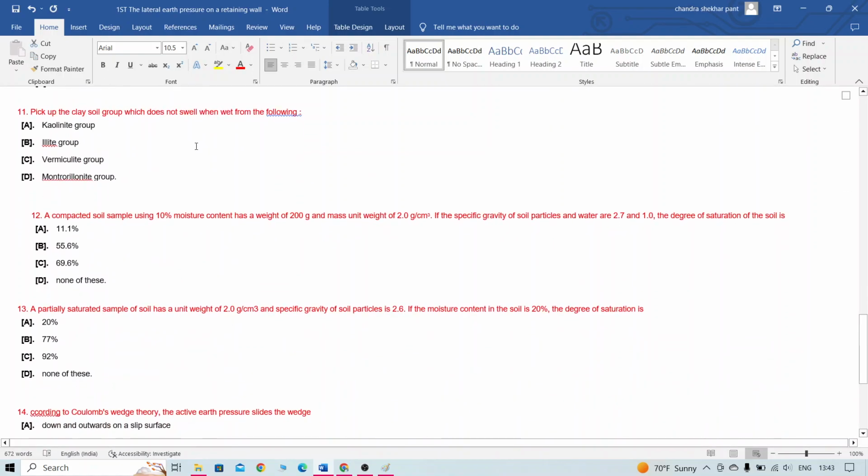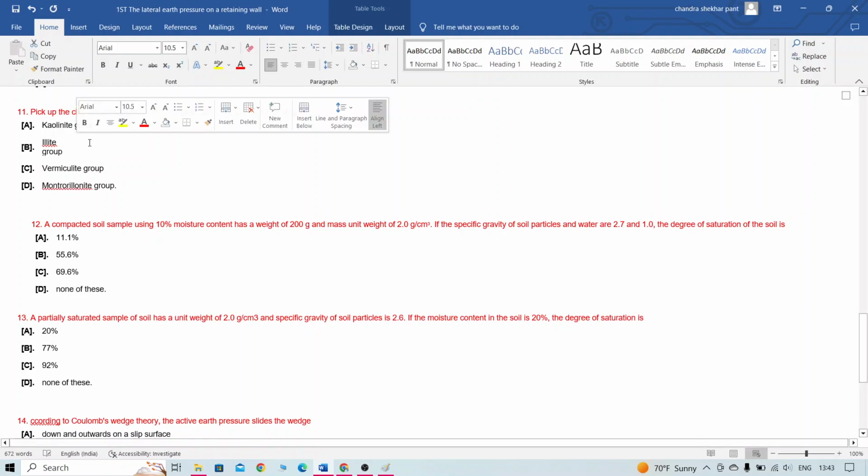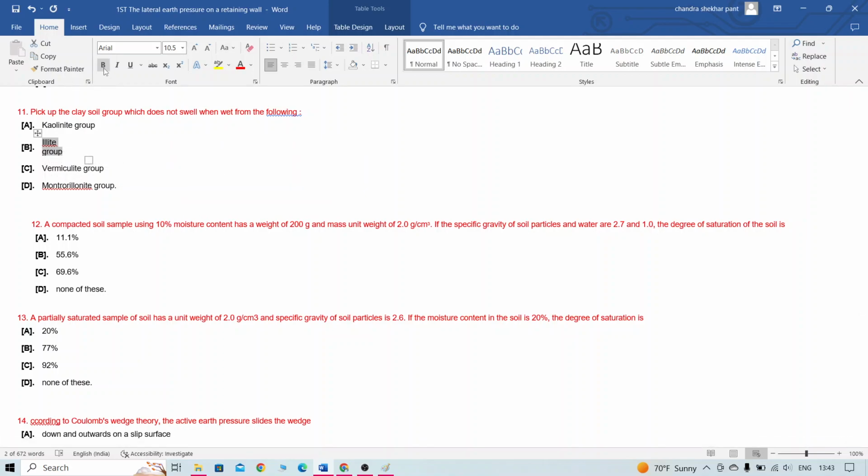So in the 11th question, pick the clay soil group which does not swell when wet from the following: kaolinite group, illite group, vermiculite, montmorillonite. Okay, so the option will be the illite group. We have different groups of soils given here.